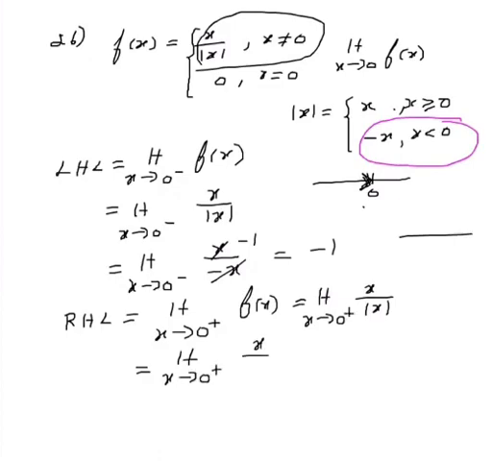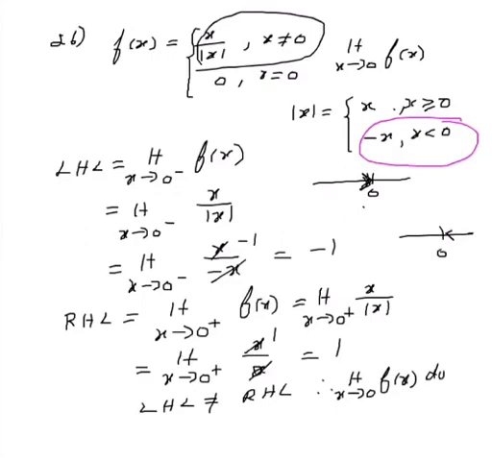Here x approaches from the right side of 0, very close to 0, but the value is on the right side of 0. We know that those values are positive. Therefore, absolute value of x is x. This ratio becomes 1. The limit of a constant is the same constant. So in this case also, LHL and RHL are not equal. Therefore, the limit as x tends to 0 of f of x does not exist.